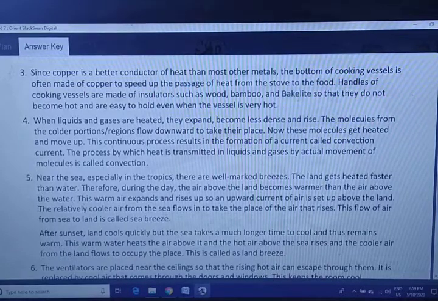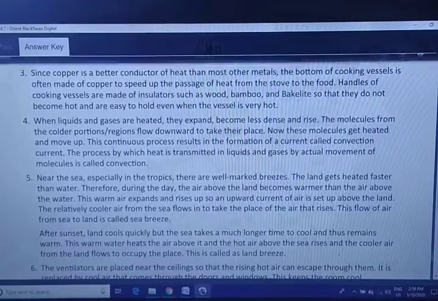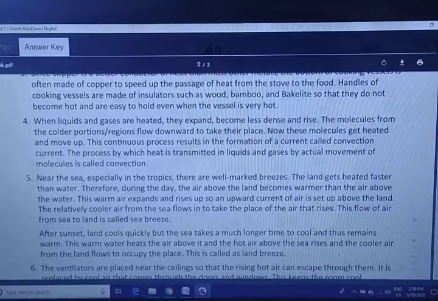Now long answer 5. Near the sea, what causes the sea and land breezes in coastal areas? Near the sea, especially in the tropics, there are well marked breezes. The land gets heated faster than the water.